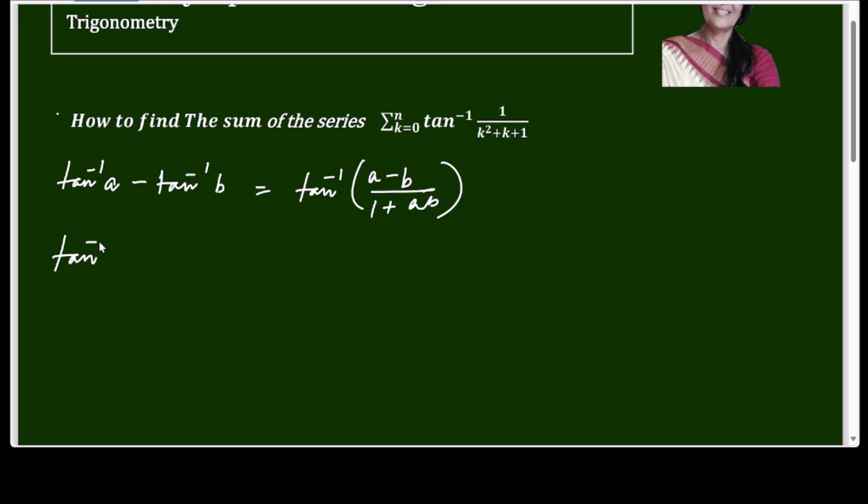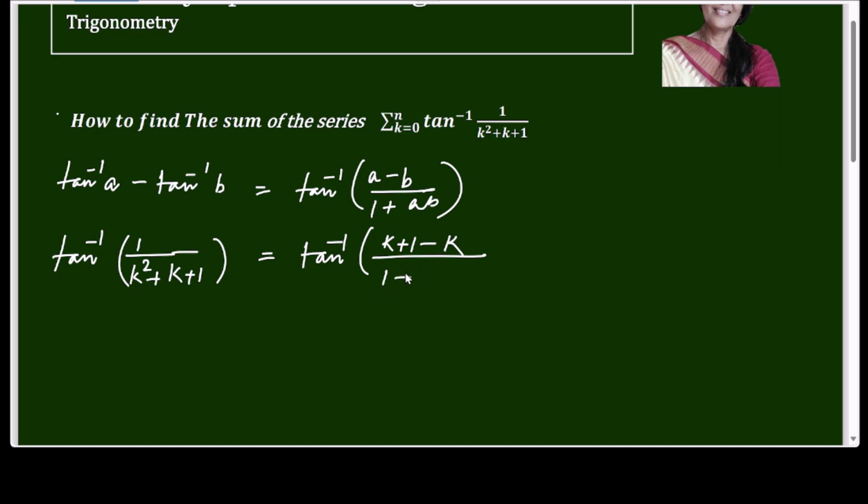Try to write this tan inverse 1 over k squared plus k plus 1 as tan inverse of (k plus 1 minus k) over (1 plus k times (k plus 1)).